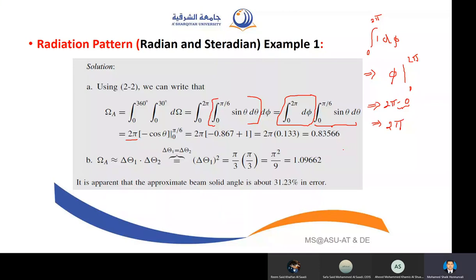Integral of sine theta should be minus cos theta. So therefore, minus cos theta, and what will be the angle? 0 to 30 degrees. So substitute this using your calculator.